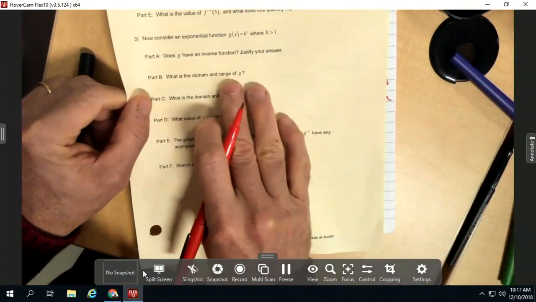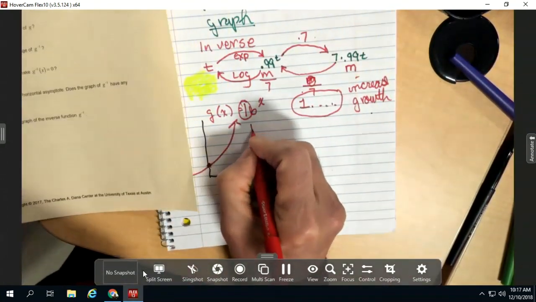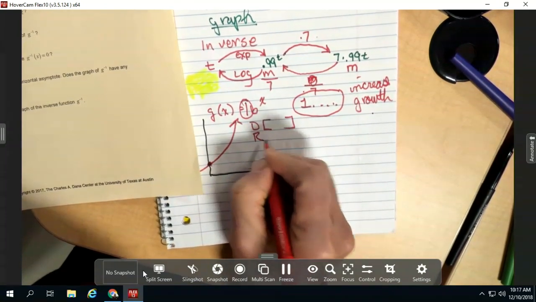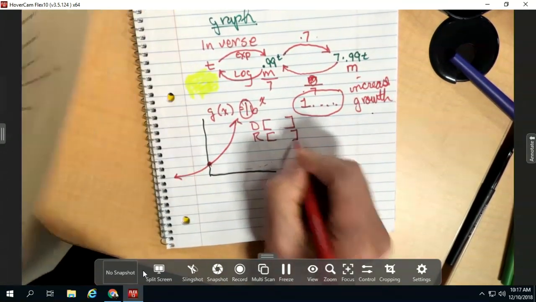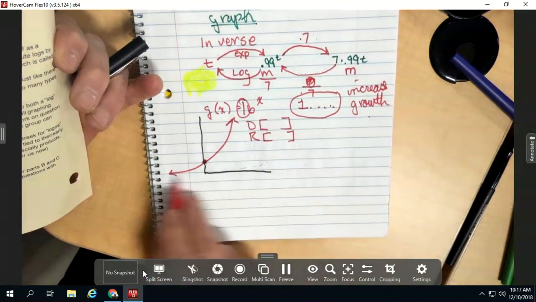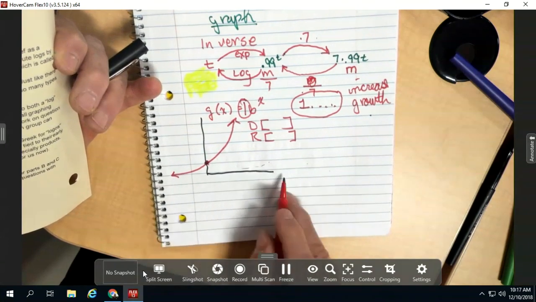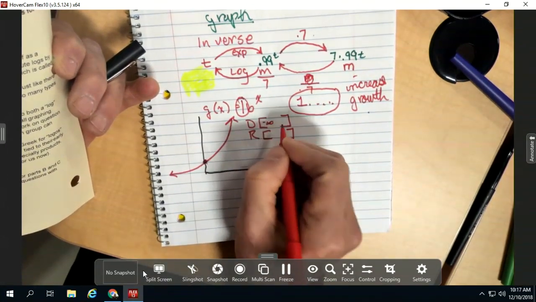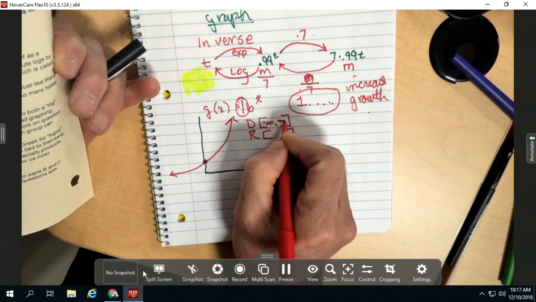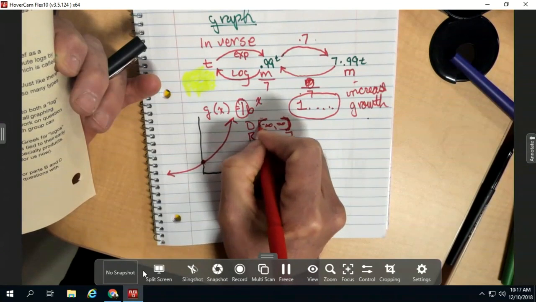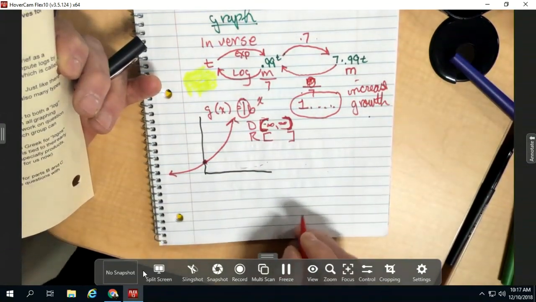It says, what is the domain and what is the range? Well, what are the values that we can have for x's? All of them, good. So from negative infinity to positive infinity. Because of that, we can't use brackets. We have to use parentheses. Okay?